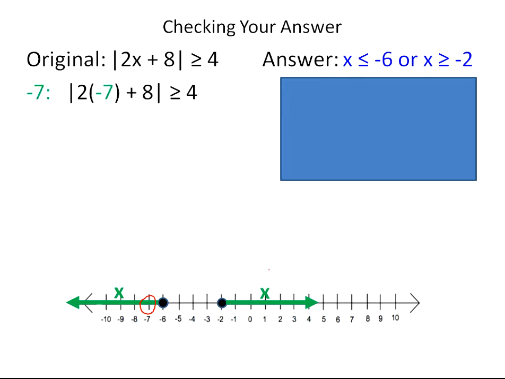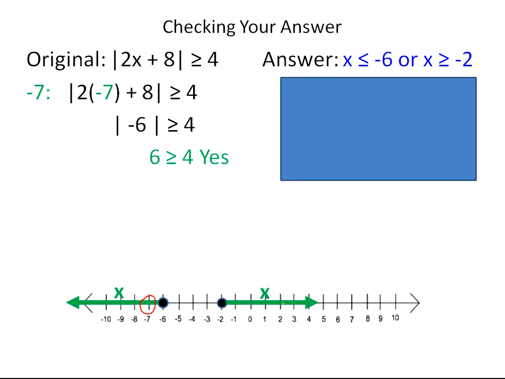So we're going to substitute -7 in for x, and we get the absolute value of -14 plus 8 is greater than or equal to 4. -14 plus 8 is -6. The absolute value of -6 is positive 6. So is 6 greater than or equal to 4? And yes, it is, and so it makes that inequality true, which is exactly what we want.